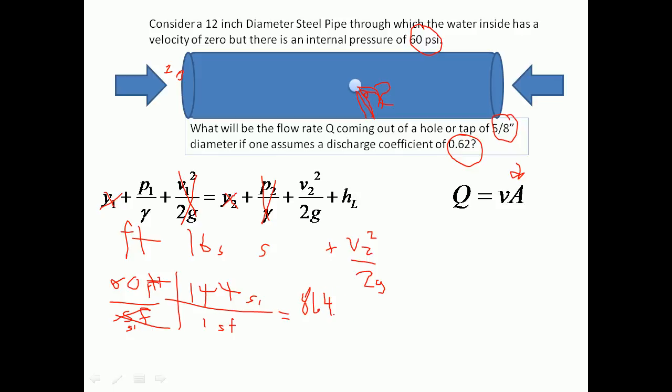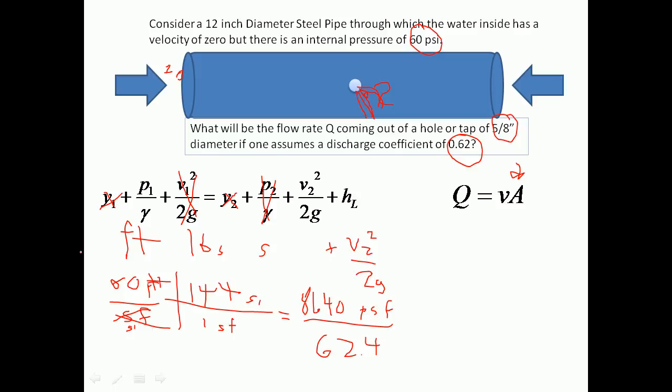But many of you are probably realizing right now, I don't even need to do that, because what I'm interested in is not the pressure, but the pressure head, which is 8640 divided by 62.4, which gives me feet of water.